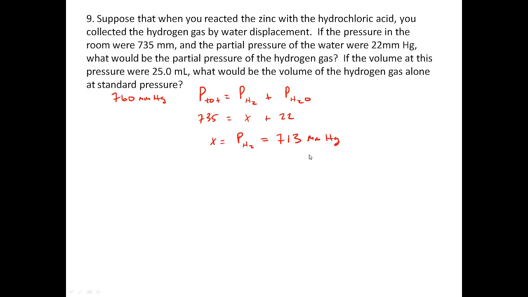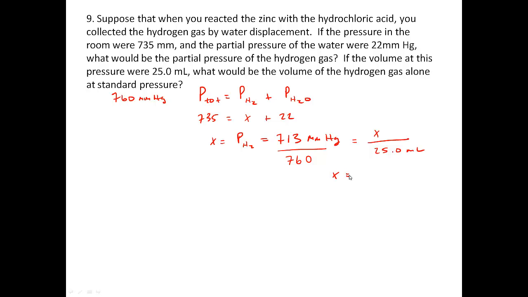Let's figure out what the volume is. I think we should probably just do the 760. 713 is to 760 as X is to 25 mils.